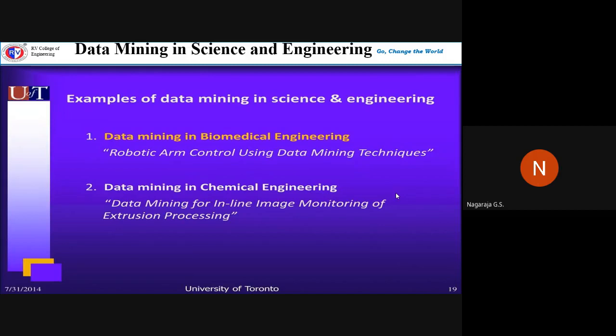Data mining is essentially used nowadays in almost all areas of science and engineering. So these things you need to illustrate or elaborate with respect to different applications.